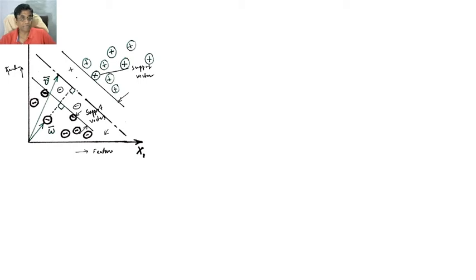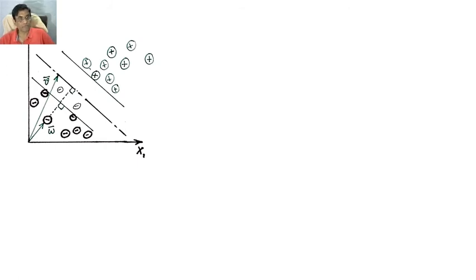Or if some samples are here and here, it will still classify those as belonging to the positive class. That is being guaranteed in support vector machine by formulating a constrained quadratic optimization problem, which we will slowly show you how it is doing.